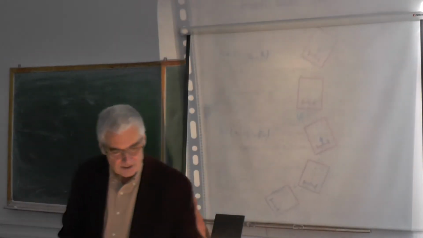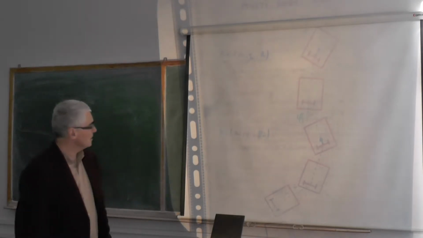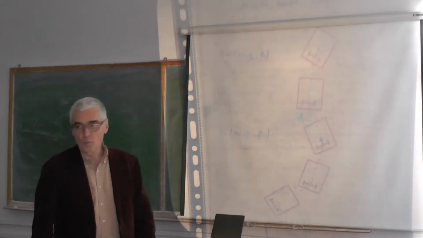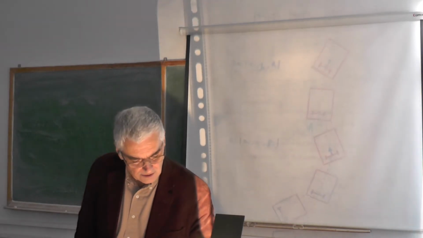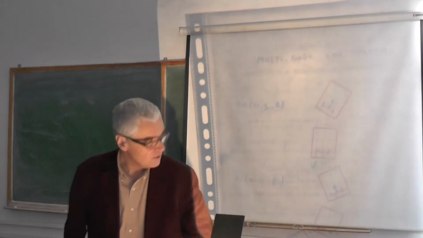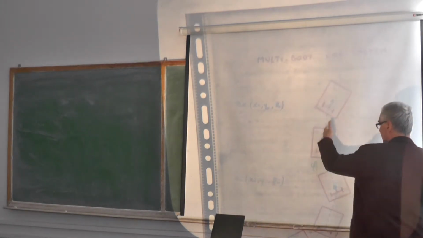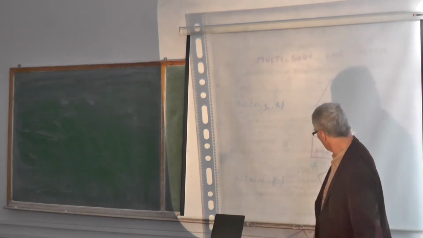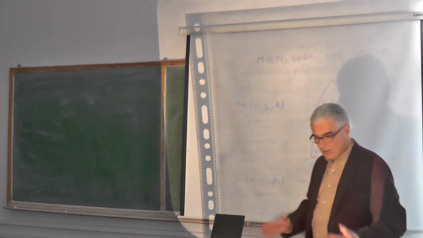Let us consider now this system here, which is the multi-body car system. There is one car, or one mobile robot, and several trailers. Let us start very slowly by making the modeling.